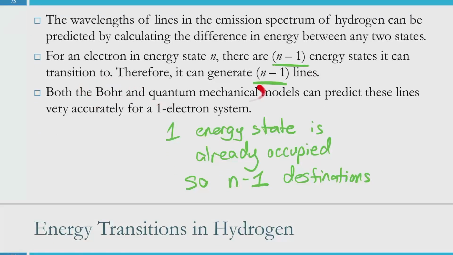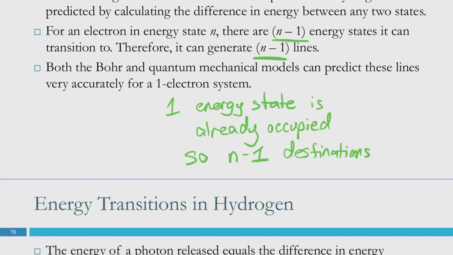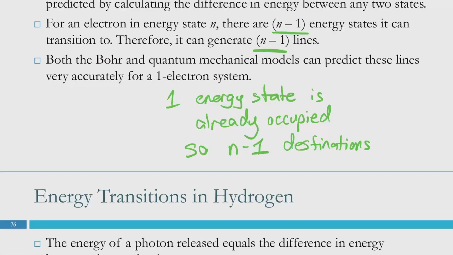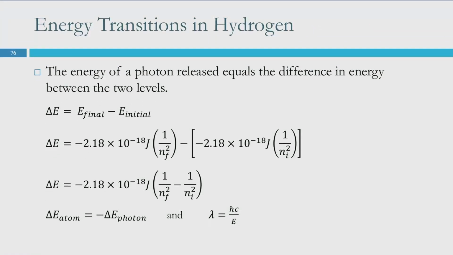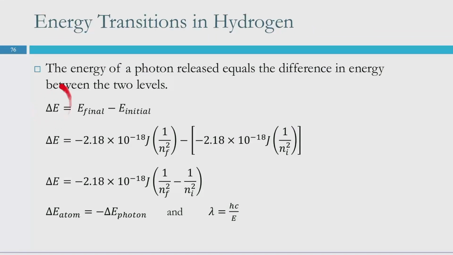Both Bohr and quantum mechanical models can predict the lines for a one-electron system. If we look at this with calculations, the change in energy is equal to the final energy minus the initial energy, and this is just for hydrogen. So our final energy minus our initial energy. Last class we saw this calculation.